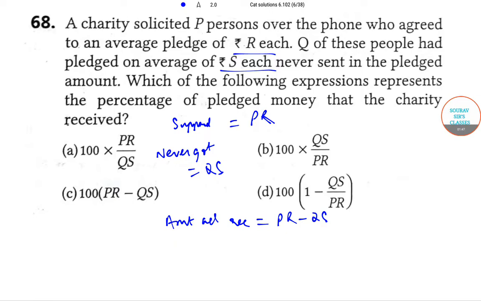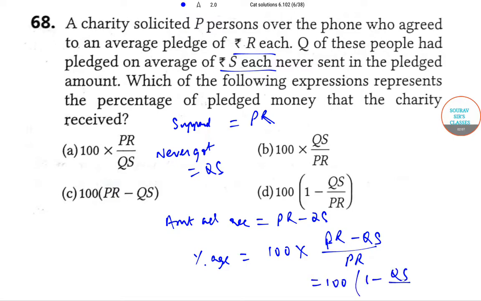So the percentage of pledged money that the charity received, so the required percentage is 100 into (PR minus QS) by PR, that is 100 into (1 minus QS by PR). So option D.